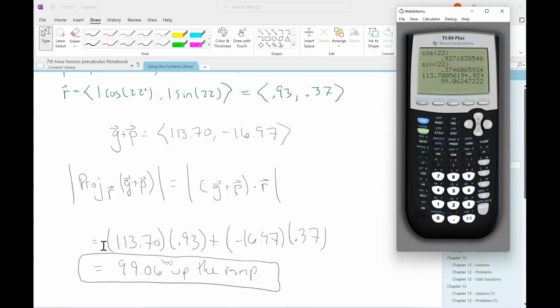So taking the absolute value here might have gotten a little bit dicey because you might have missed that it would actually be down the ramp then, whatever the number is. Or if you wrote it as negative up the ramp, I guess that's a weird way of writing it, but I think it conveys the same meaning. But it didn't happen in this case, and I don't think it would happen in a problem that I would give you, but there's nothing to say that couldn't happen. You know what I mean?